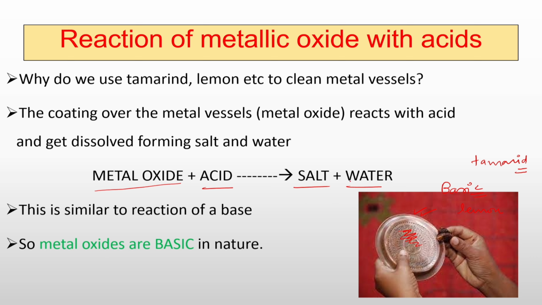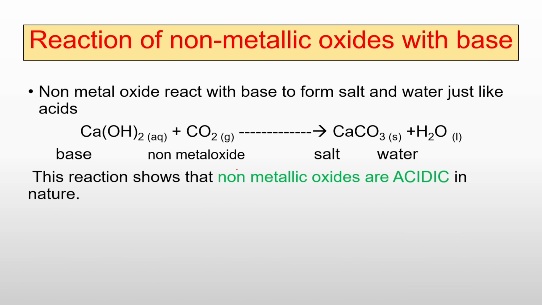And the moment you wash it with water, this salt just goes away and we again get a bright surface of metal. So again, this is an example of neutralization reaction.